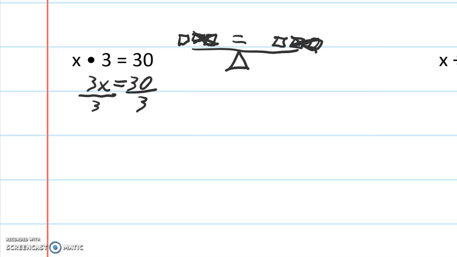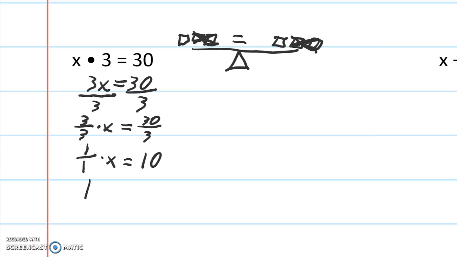So if we divide by 3 on both sides, we'll have 3 over 3 times x equals 30 divided by 3, which is, well, let's find that out. 30 divided by 3 is 10. And 3 over 3 is the same thing, remembering our fractions, as 1 over 1 times x.